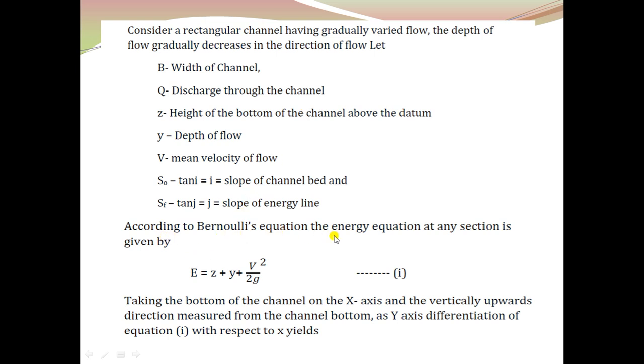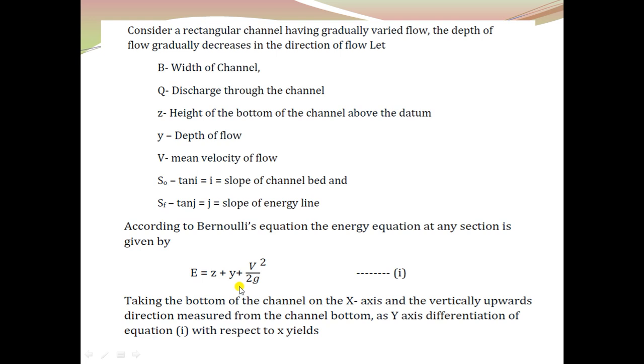So according to Bernoulli's equation, the total energy at any section is given by E equals Z plus Y plus V square by 2g. Let us call this equation 1. Taking the bottom of the channel as x-axis and the vertically upward direction measured from the channel bottom as y-axis, let us differentiate equation 1.